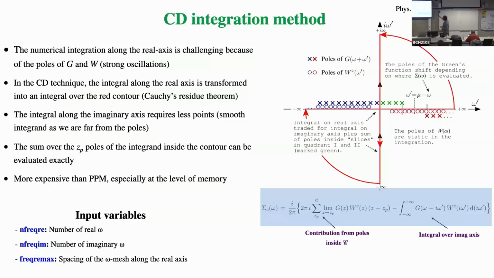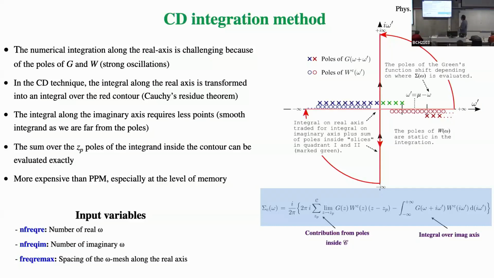Okay, to make a long story short, instead of sampling everything from 0 up to infinity, we only need to compute the screened interaction along the imaginary axis, the positive branch, and we need to compute the polarizability only for a restricted set of frequencies along the real axis, but we don't have to go up to infinity.